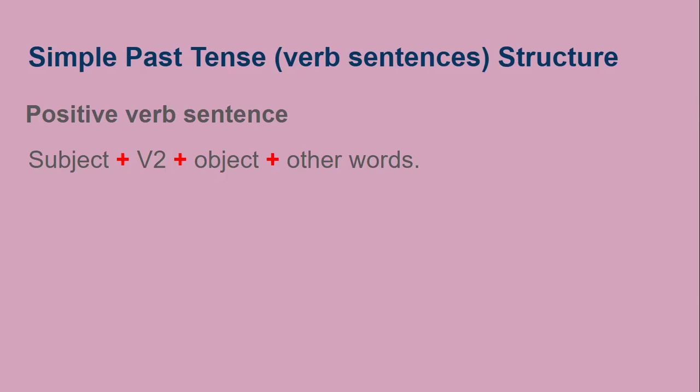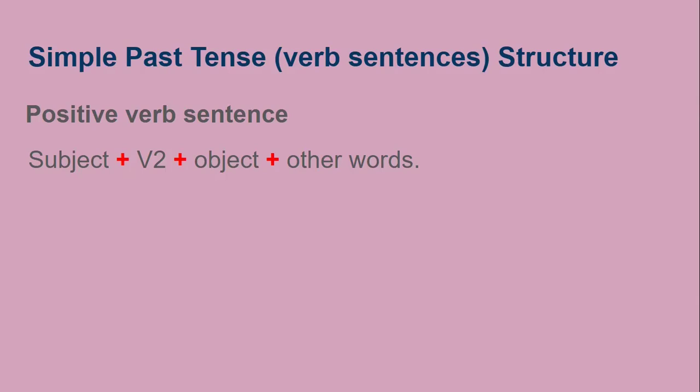Remember, the V2 of a verb is dependent on whether the verb is a regular verb or an irregular verb. Okay? I will, of course, make a video explaining the differences between a regular verb and an irregular verb.